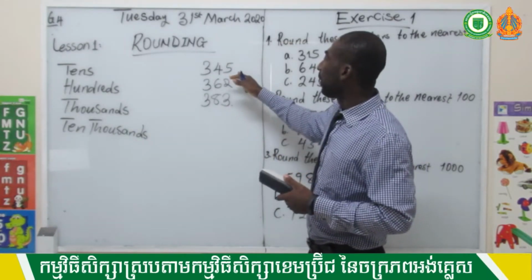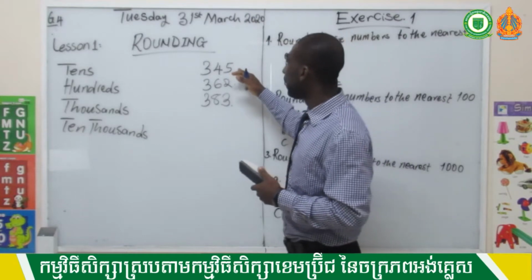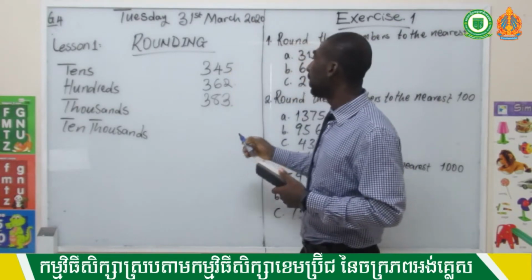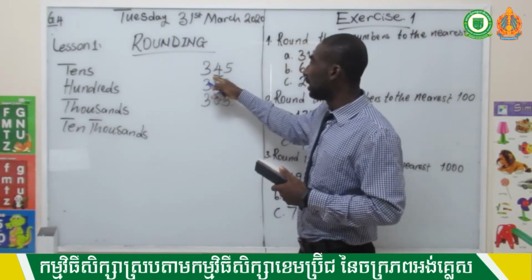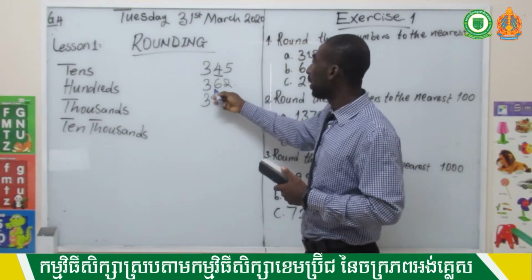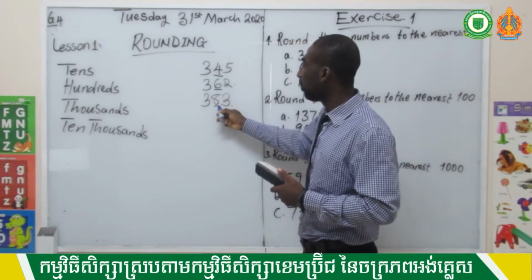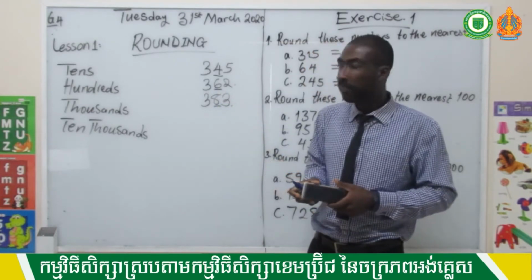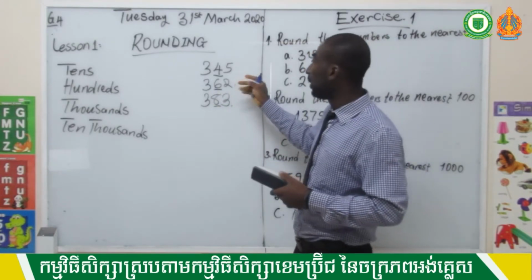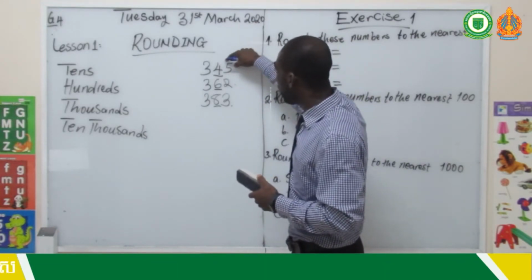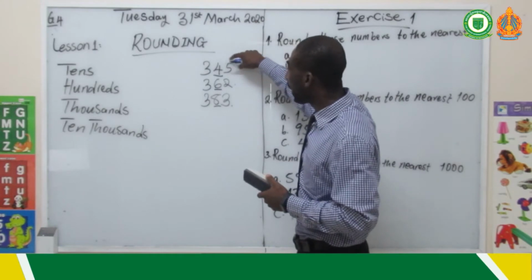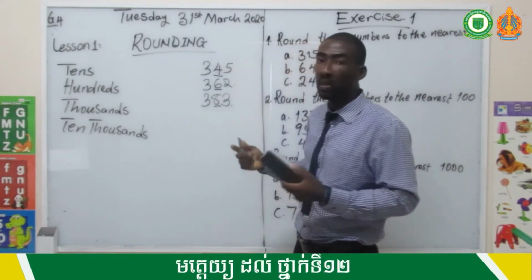So if we are to round these numbers to the nearest 10, it means that we're just going to look at the number in the 10th place here, and then the number in the 10th place here, and then the number in the 10th place here. But in doing rounding, if you are doing tens, you have to look at the next door, which number comes before the actual number that you are looking at.